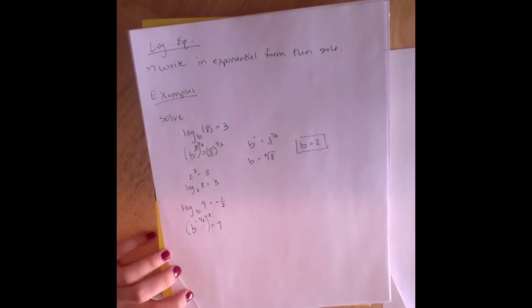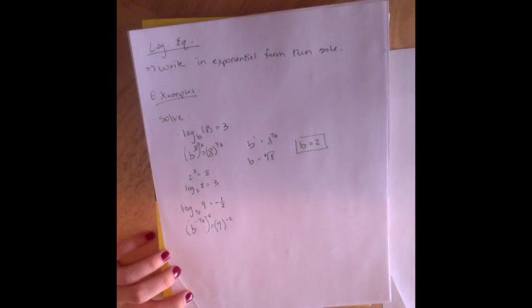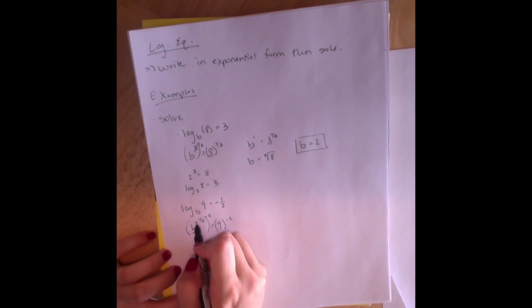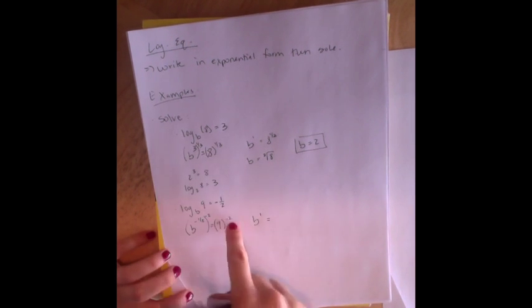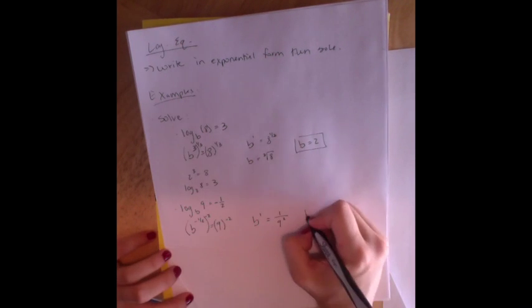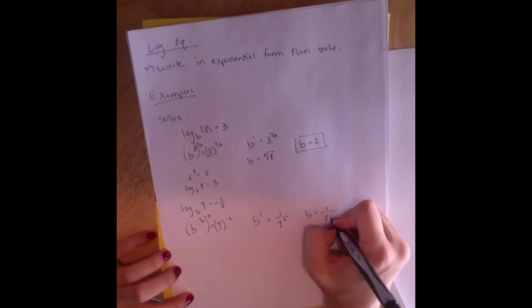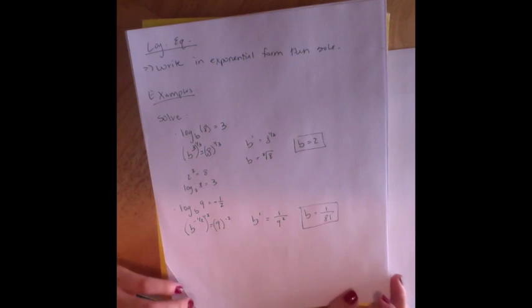Let's raise both sides to the -2. Whatever you do to one side, you do to the other. Now, b to the -1/2 times -2 gives me b to the 1. 9 to the -2 is 1/9 squared, which gives me that b is 1/81. This is properties of exponents. If you have a power raised to a power, you multiply them. So you need to know how to manipulate your exponents.